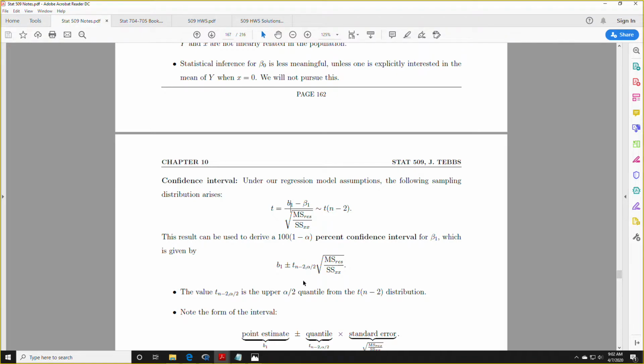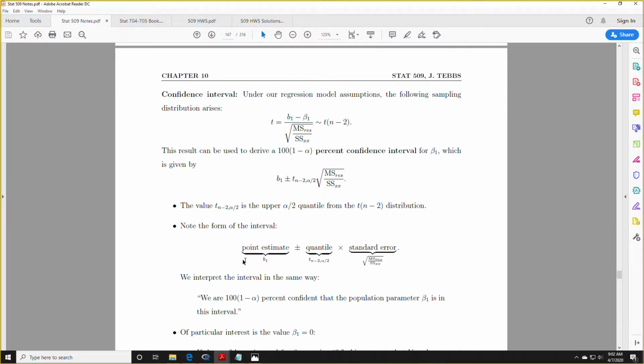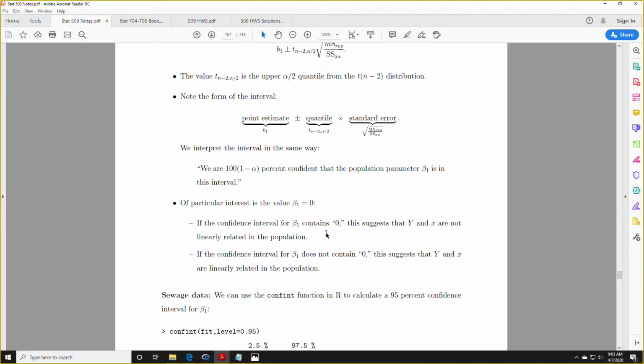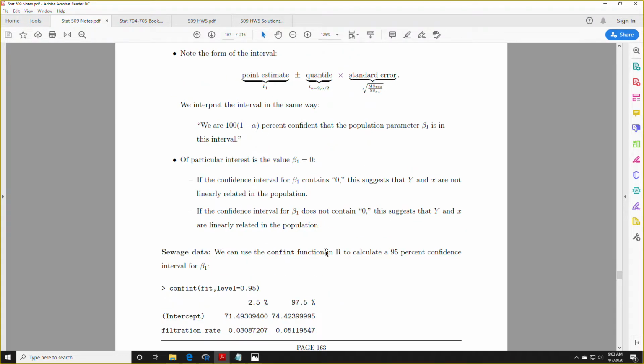We're doing the same thing here, and it has a similar form to the confidence intervals that we did for the population means. Point estimate plus or minus a quantile times a standard error. It has that very nice classic confidence interval form. And the interpretations are back to our chapter on confidence intervals, the same type of interpretation.